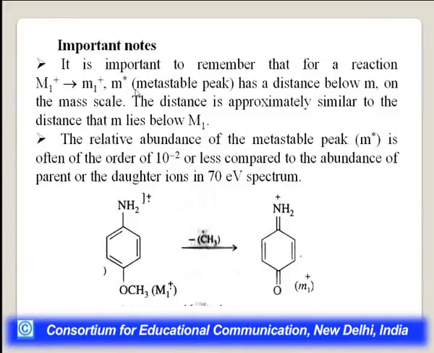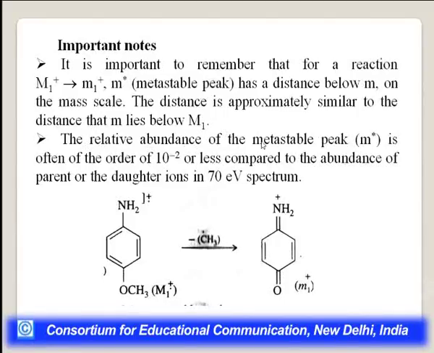It is important to remember that for a reaction from a parent ion to a daughter ion, the metastable peak lies a distance below m2 on the mass scale, and the distance is approximately similar to the distance that m2 lies below m1, that is the daughter lies below the parent ion.